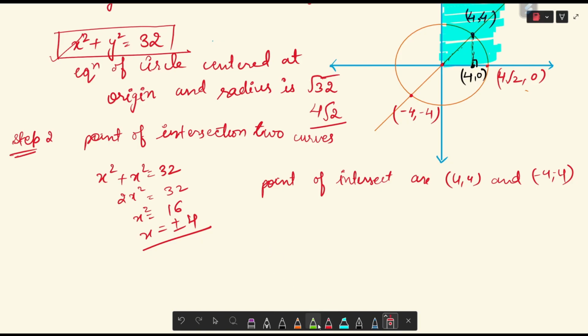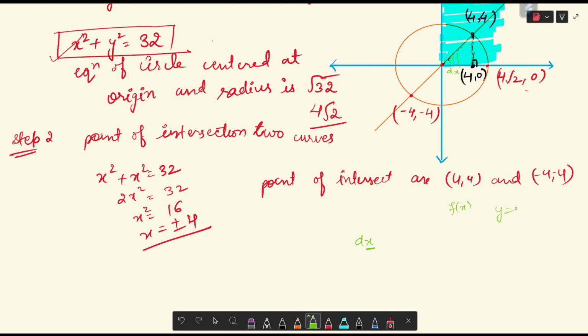So what I say, we'll divide it into small regions of length dx. So we have dx, and we have a function of x, right? What is the equation of this line?